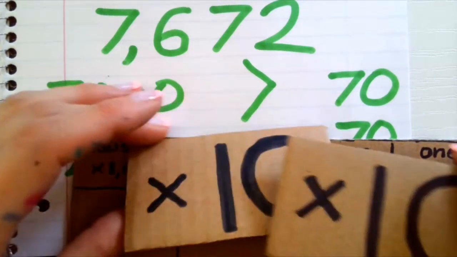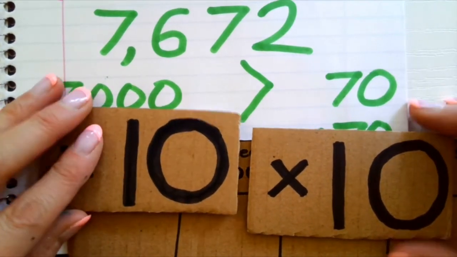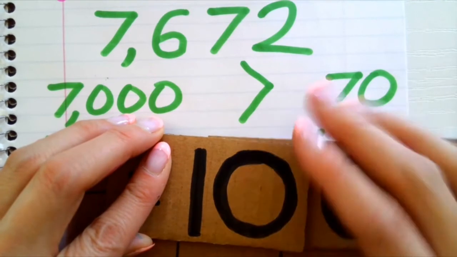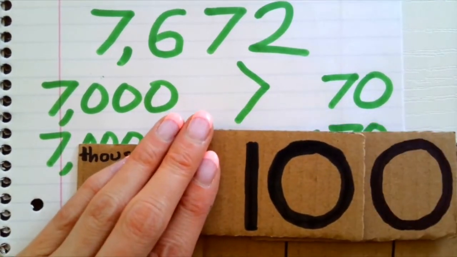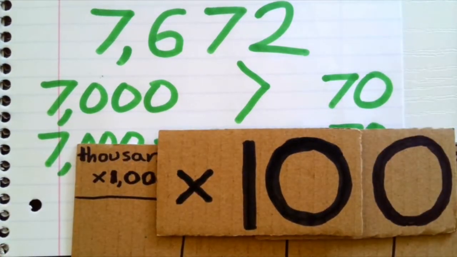But 2 jumps over means we multiply by 10 2 times. What is 10 times 10? It's 100. If we multiply 70 times 100, what will we get?